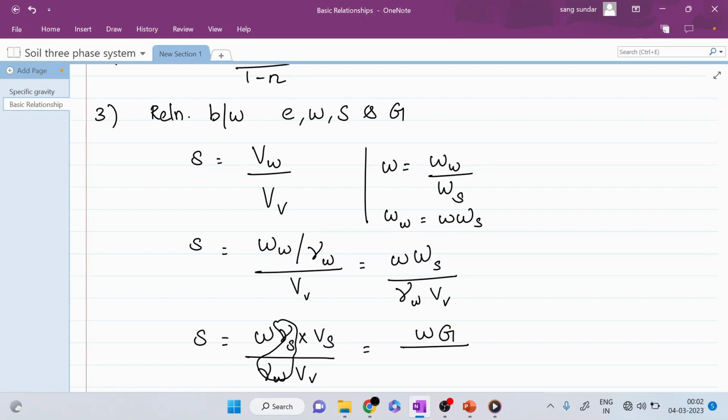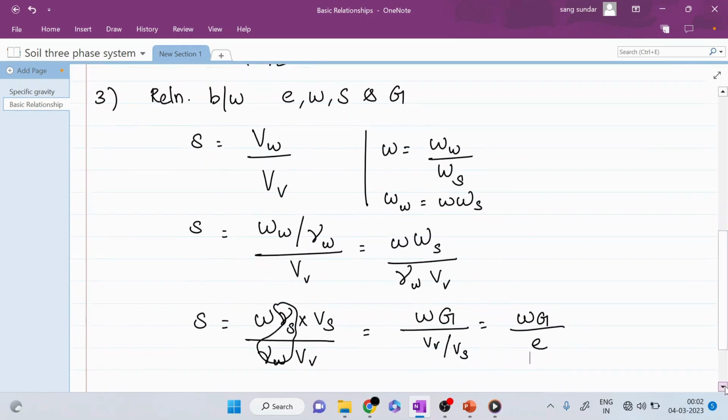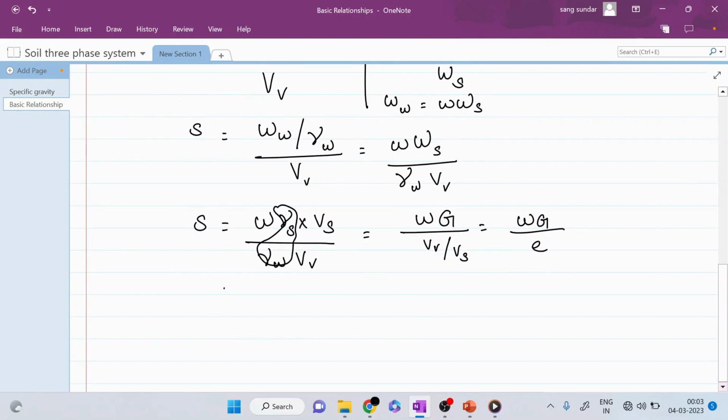Unit weight of solids divided by unit weight of water gives us specific gravity. Volume of solids is there in the numerator; let me bring it to the denominator: volume of voids by volume of solids. We know that volume of voids by volume of solids is E. And hence, we get SE is equal to WG.